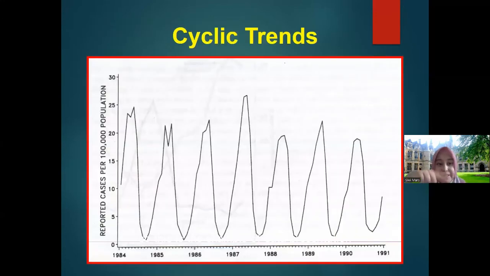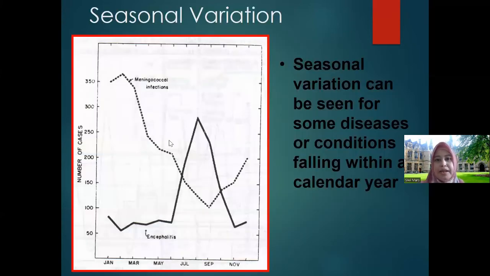This is an example of data presentation about cyclic trends. So maybe yearly or every 5 years, with descriptive epidemiology, we can see the cyclic trends of the disease. This is an example of seasonal variations of encephalitis and meningococcal infections.